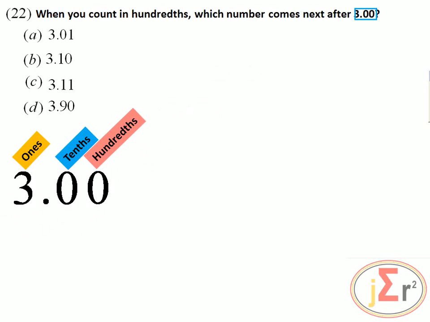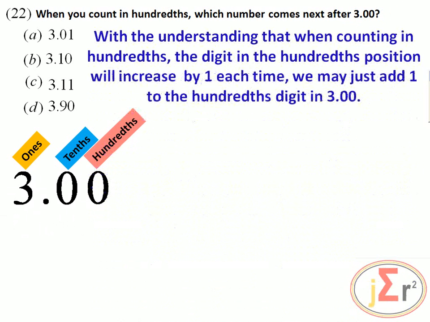There is more than one way to do it. With the understanding that when counting in hundredths, the digit in the hundredths position will increase by 1 each time, we may just add 1 to the hundredths digit in 3. So we have 3 right there, and we may just add 1 to the hundredths digit.